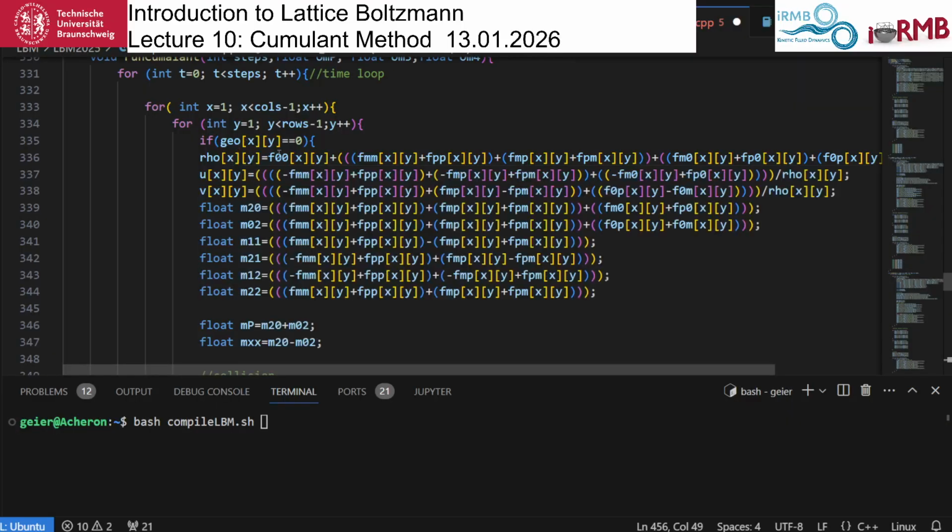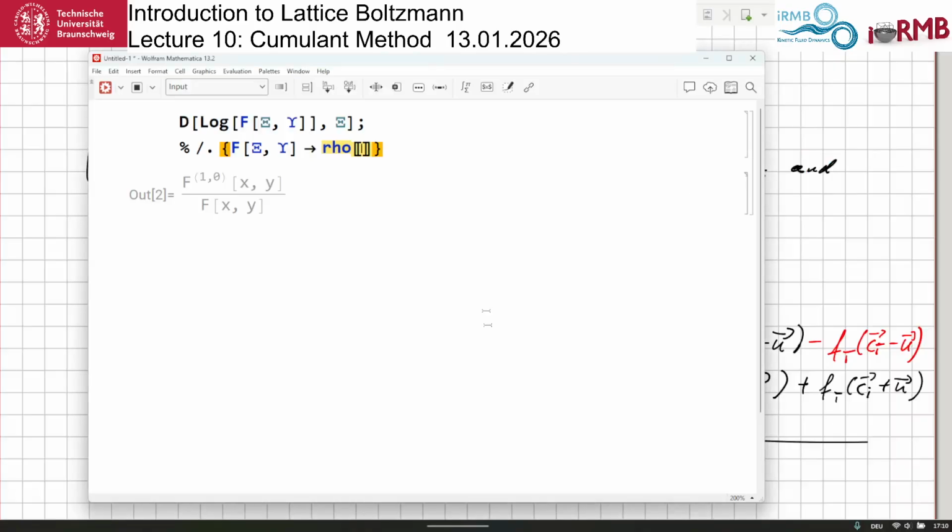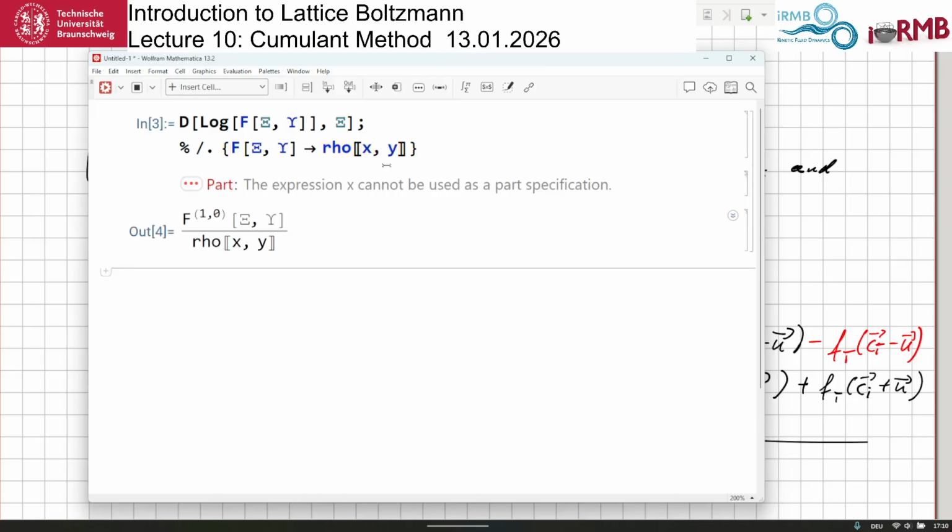So I want to replace this by rho xy. Okay, it's complaining here that it doesn't want to replace it, but it does it anyway. So I now don't care about its complaining.